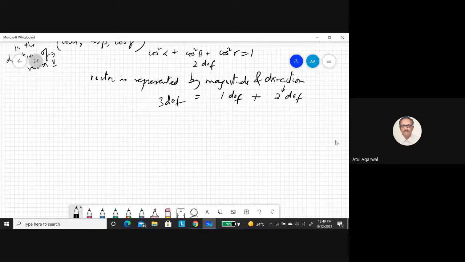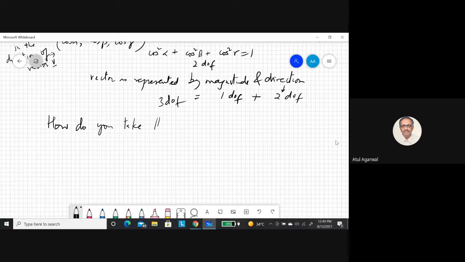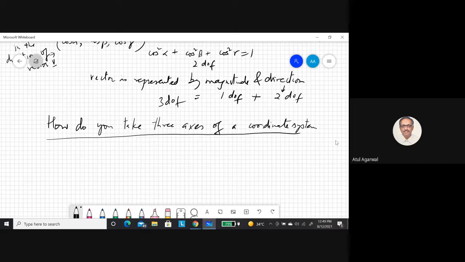Now how do you take 3 axes? Suppose you choose one axis.